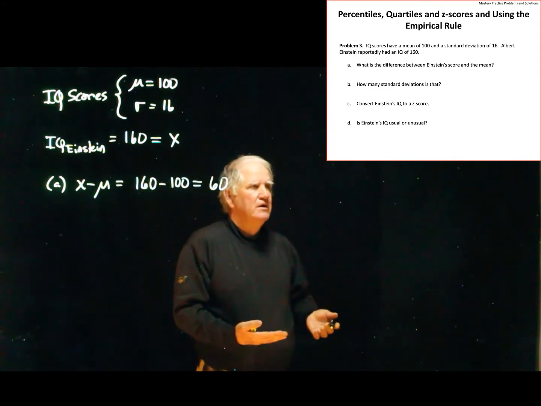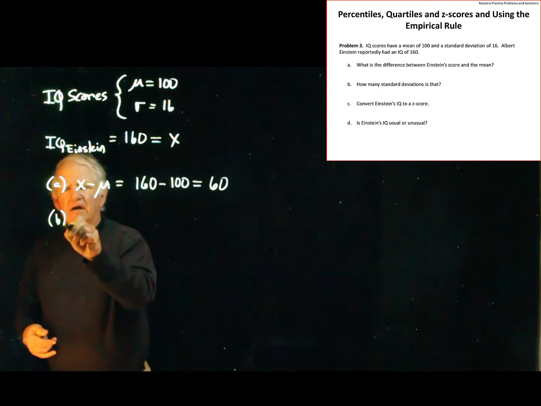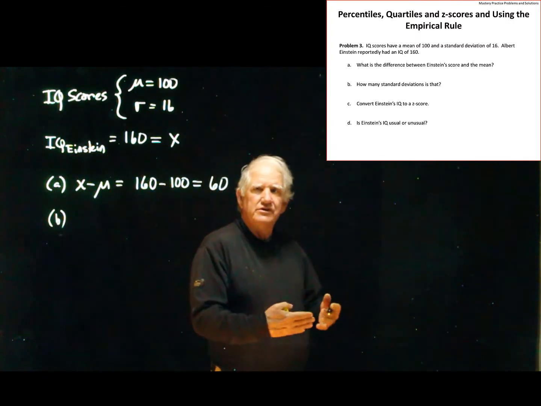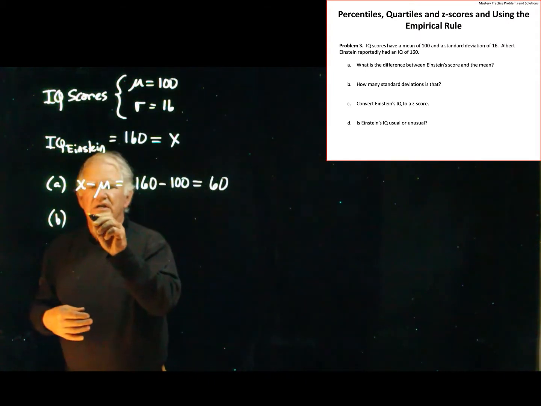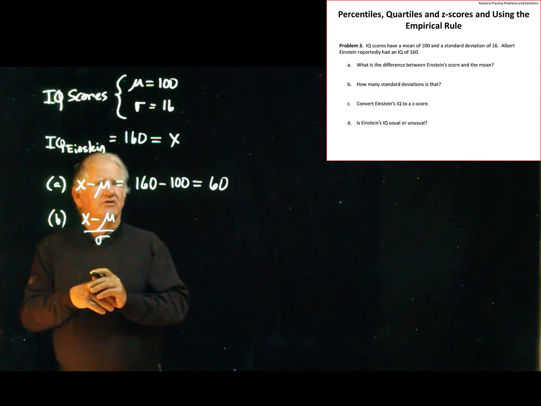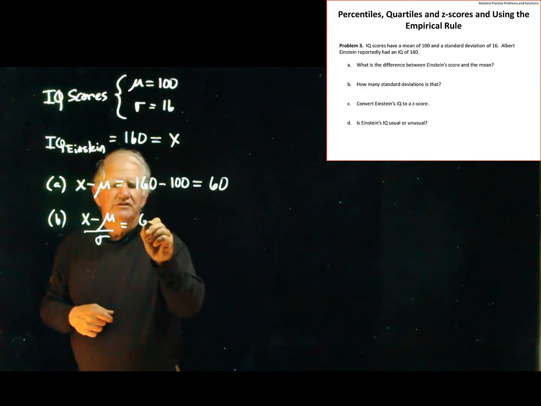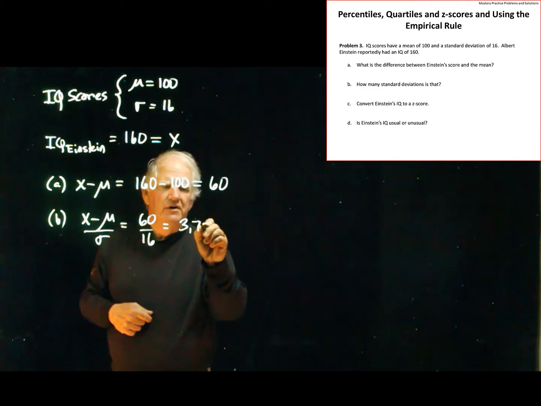All right. The second question is, how many standard deviations is 60 points? Easily answered, because the standard deviation is 16. If you want to know how many standard deviations 60 represents, you divide it by 16 and you get 3.75.